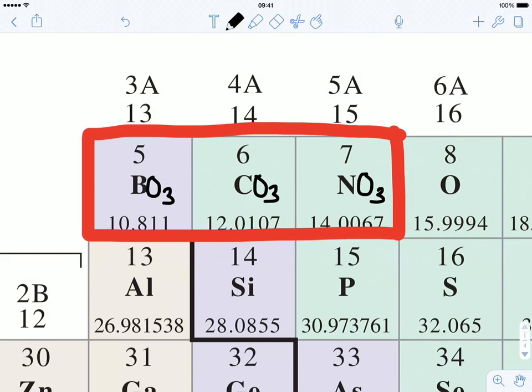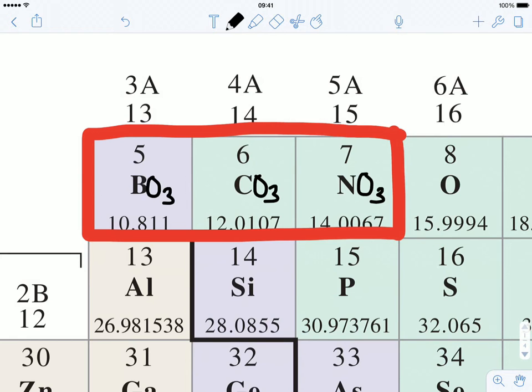The names you have to remember, but the names come from the elements that the polyatomic ion is made up of, so it really shouldn't be that complicated to remember the name. But one thing that can help you remember how many oxygens these polyatomic ions have is that they're located together like this, and they all have 3 oxygens. Now, another little pattern can help you remember the charge.